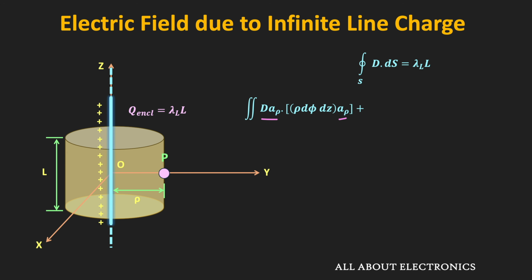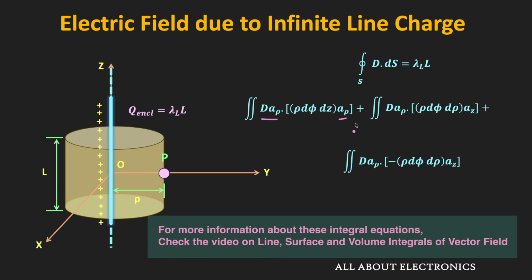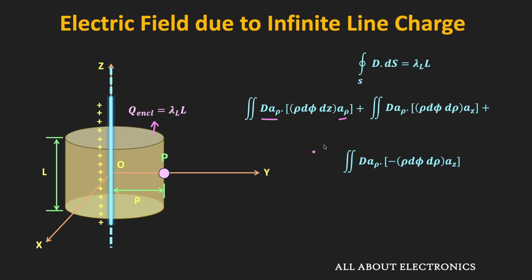So similarly, for the top and the bottom lid, this is how the integral term can be written. So here, for the top lid of the cylinder, the differential surface area is equal to rho times d phi times d rho. But here, this area vector for this surface points in the plus z direction. So that is why here we have the plus az.